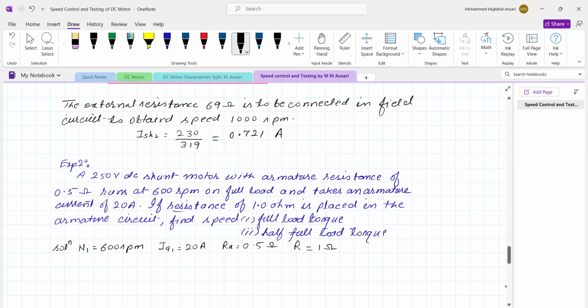So the back EMF EB1 is equal to 250 minus IA1, that is 20 into 0.5, equals 240 volt.